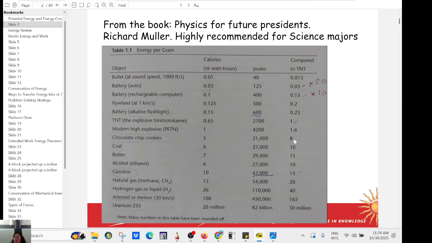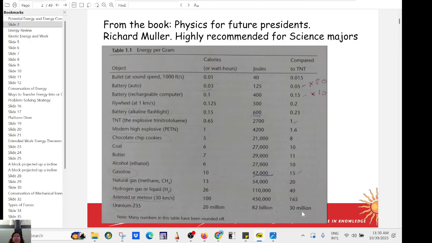Okay? If you give cookies to a kid, not a good idea, right? And then gasoline, fossil fuel, lots of energy as well. That will be chemical energy. It's inside the bonds. 15 times more than TNT.